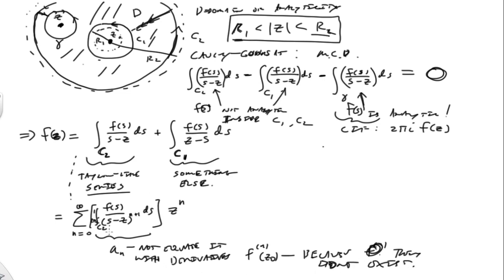However, this integral exists just fine. It has this particular value a_n, and we can compute this integral just fine. We can't equate it with derivatives. So we may not have a constructive way to compute this value, but certainly it does have a value there. And of course, these are the powers of z. But now the next question is, what can we do about this one? Let's look at that something else and see if we can find out what it is.